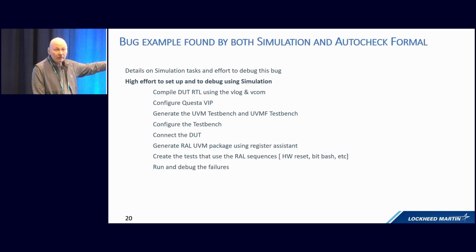This specific bug I found with the RAL. So generate the RAL package, create the test, use the RAL sequences. They have their own quirks. Run and debug the failures, and the debug was long and complicated.